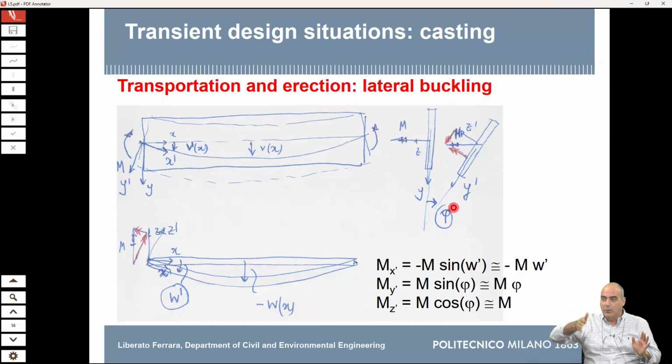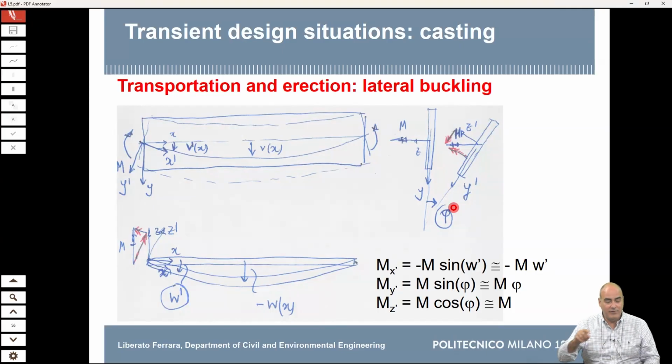And the gravity load continues to be vertical, no matter that the beam has rotated a little bit. In our reference system, it's always vertical. It's true that we live on a sphere, but the radius of the Earth is so large that we consider it continuously vertical. So we have changed the reference system, which was x, y, z, and is moving with the beam, but the load is not moving.